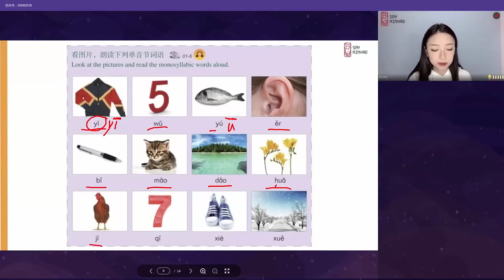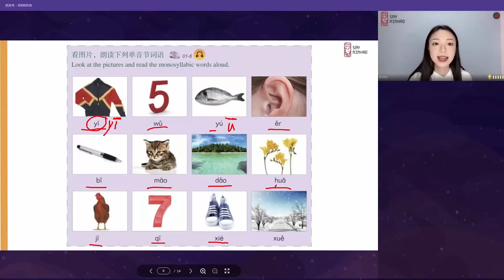Next one, initial is j, and the final is i. So it is ji. It means chicken. Next one is qi. The initial is q and the final is i and the tone is first tone. So it is qi.